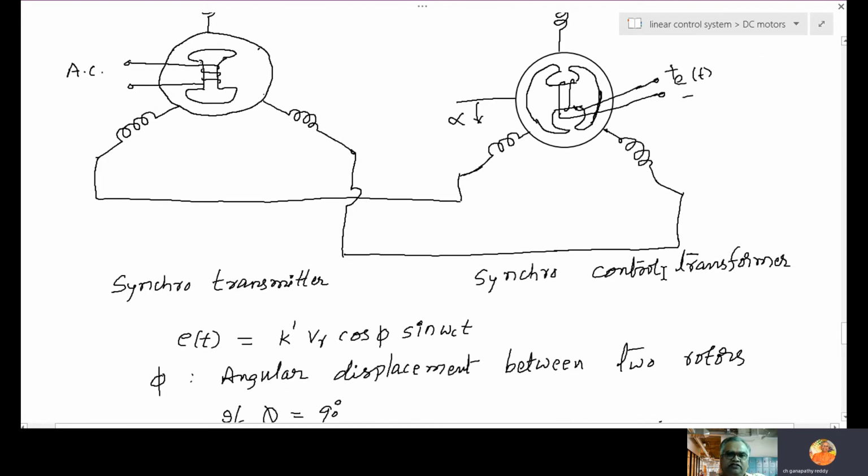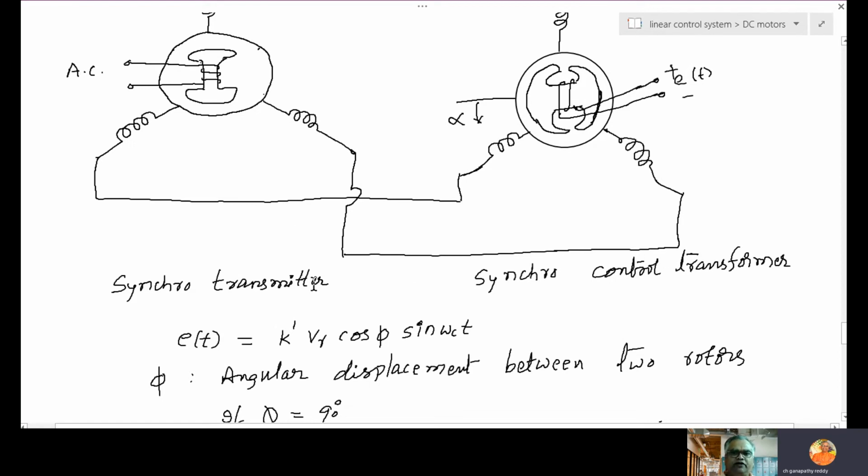So let us understand its functionality. This is a synchro transmitter, and this is the synchro control transformer. Together they form a pair, and this pair is used as an error detector. What is the application of the synchro pair? It is used for error detection. The first one is the synchro transmitter, the second the synchro control transformer.